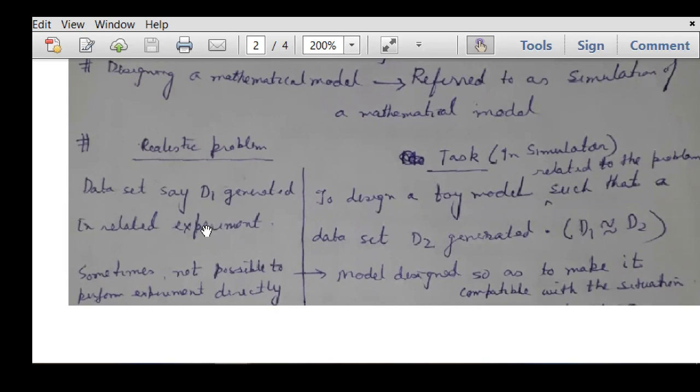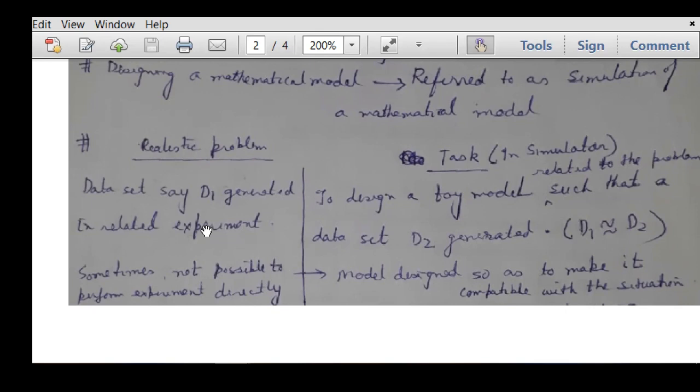After we generate a data set, we have to check whether the data set generated via the algorithm which we have framed is matching or is compatible with the information obtained from the real life complicated scenario. If it is matching, then the mathematical model is compatible with the information related to the real life situation. If it is not, then we have to modify the model again.